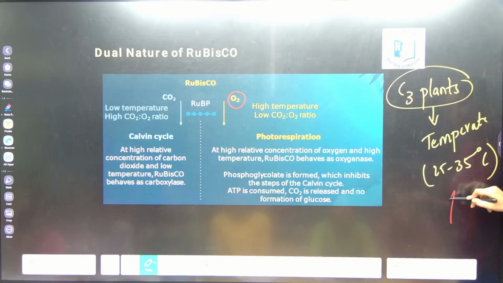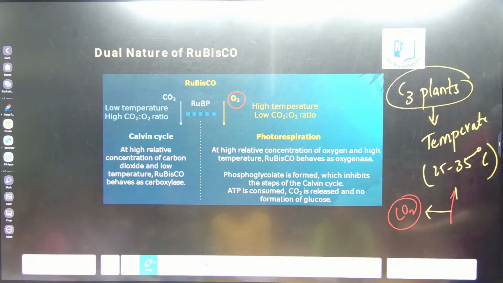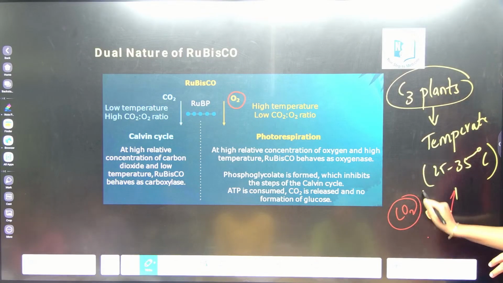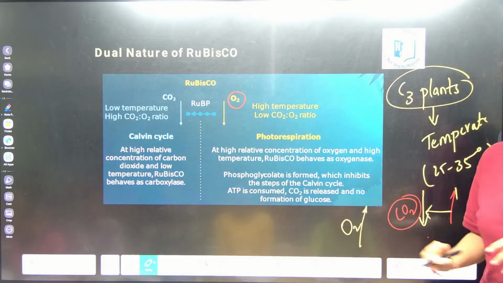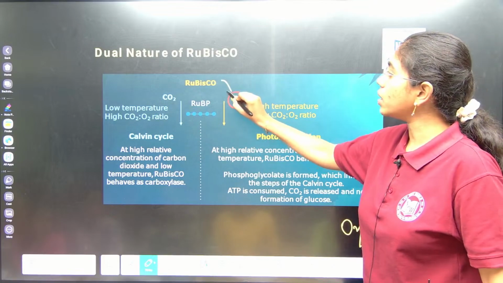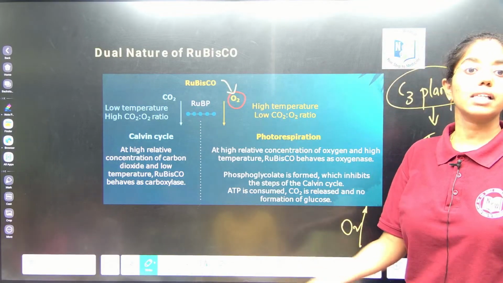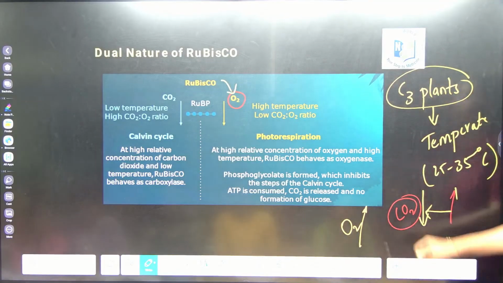More than this, if temperature is rising, carbon dioxide solubility reduces and the amount of oxygen increases. Oxygen concentration rises, carbon dioxide concentration reduces. In that case, Rubisco will bind with oxygen when there is a rise in oxygen concentration. Okay, clear?